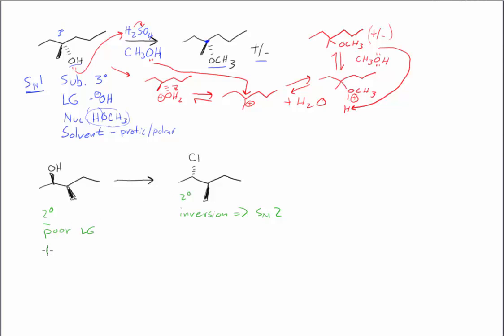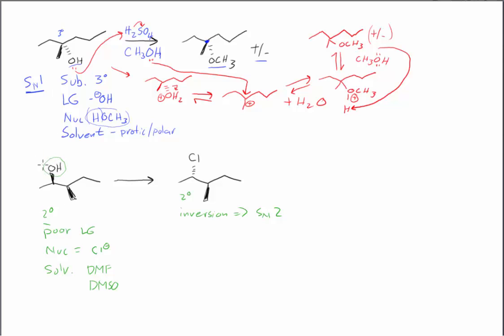And our nucleophile, hopefully you've identified that as probably Cl-. And in the solvent, we want to support SN2, so DMF or DMSO would be good. The question becomes then, how do I convert this poor leaving group into a better one?